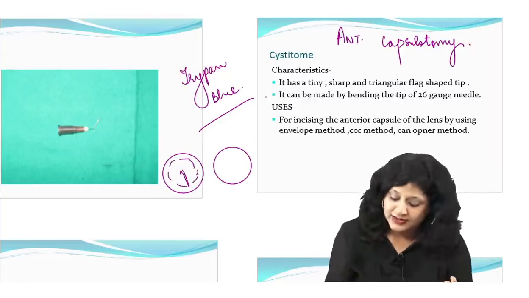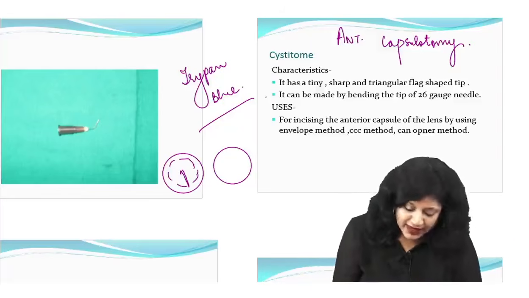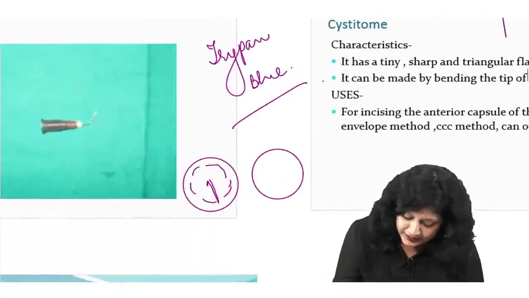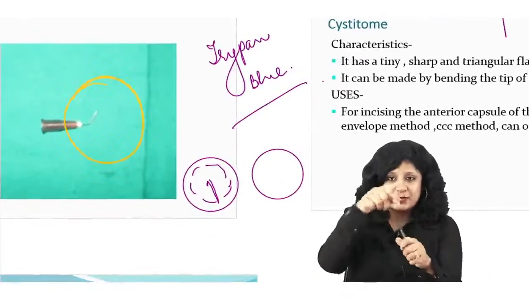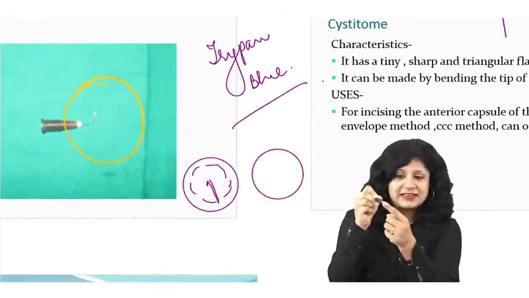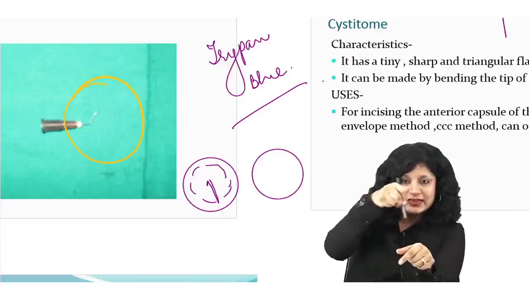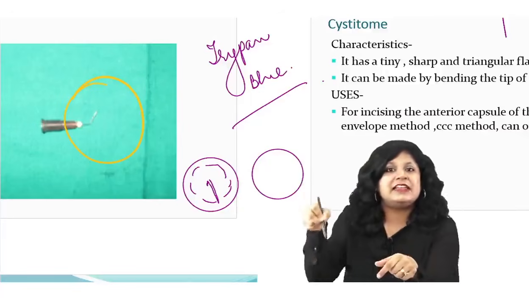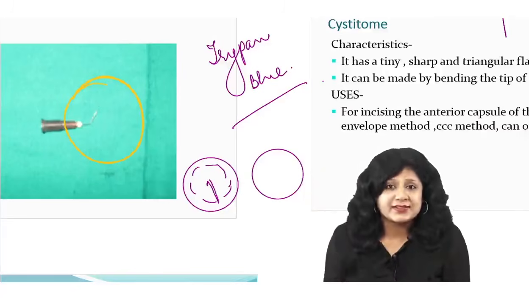So that is called the continuous curvilinear capsulorhexis. So for that, you require this bent tip, right? With the help of this, if you are using it like this and this has a bent tip, you can tear it from the center, come to the periphery and keep on stretching in a curvy linear fashion. That is continuous curvilinear capsulorhexis.